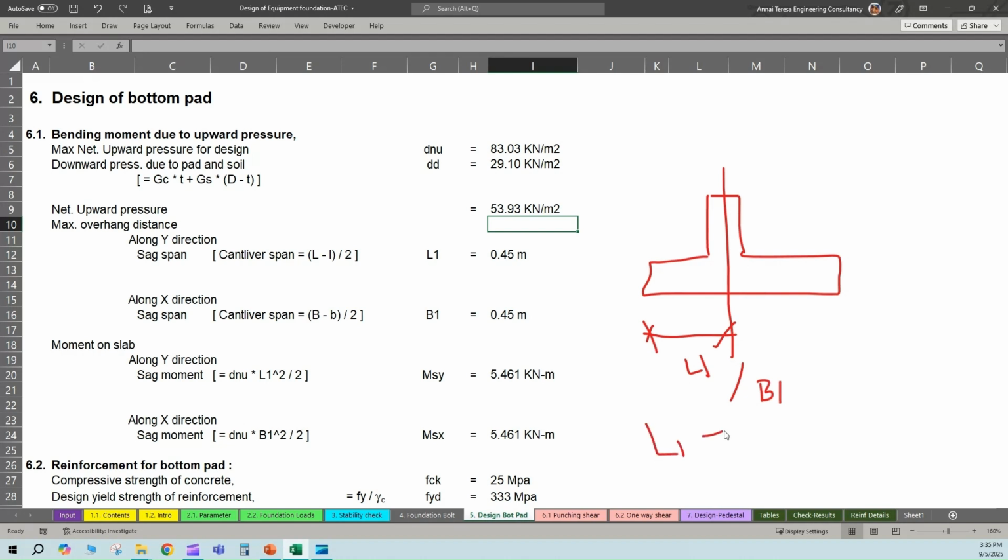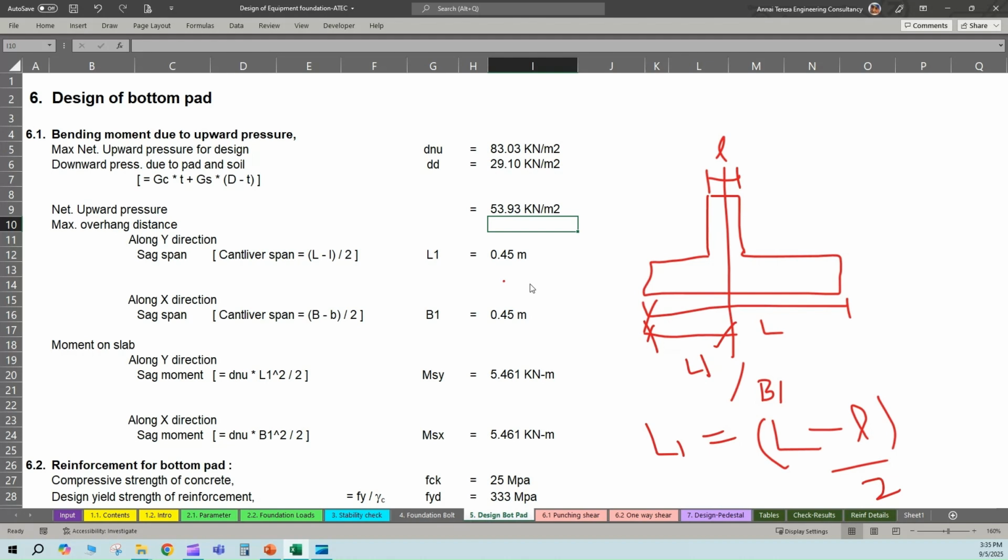So this L1 is nothing but L, capital L, the total length of the foundation, minus small l, the whole divided by 2. So this is an equation to find out the overhang distance.